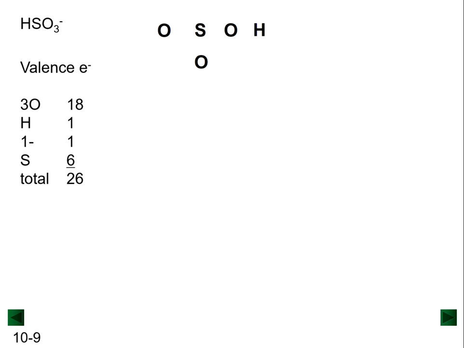So now we can do our atom connections with our single bonds. When we do that, we have 4 bonds that total to 8 electrons. So we subtract 8 from our 26, giving us 18 electrons. These 18 electrons then need to be put into lone pairs.